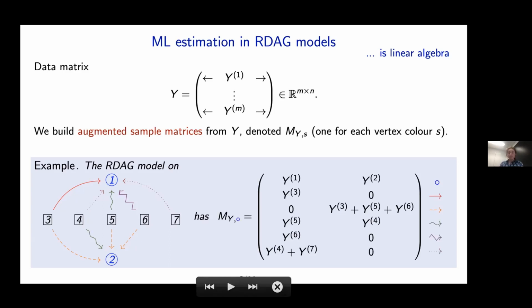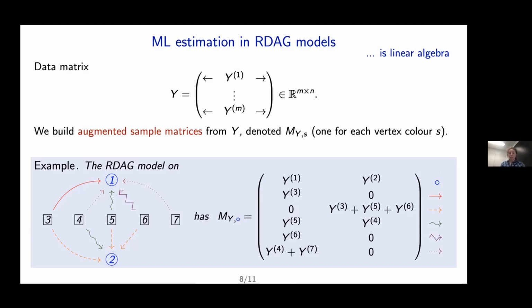And what does the augmented sample matrix look like for this example? Well, it's a way to put these rows of this data matrix into this block structured matrix. That's why we call it the augmented sample matrix. So for the rows of this matrix, we have one for the vertex color of the 2 child nodes, and then we have some rows for the colors of the edges that connect them.